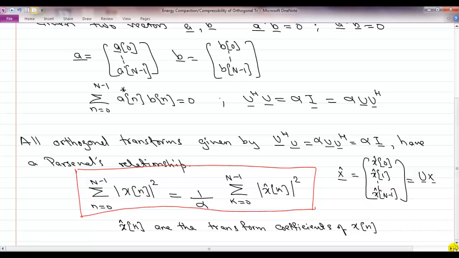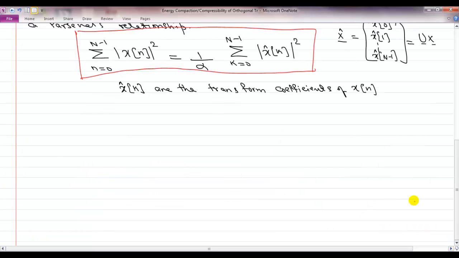Now, energy compaction. We know that if I look at all of my n transform coefficients, for example all of my DFT coefficients, the energy in all those DFT coefficients has to be equal, times the scalar factor.